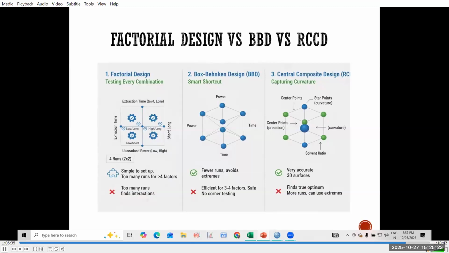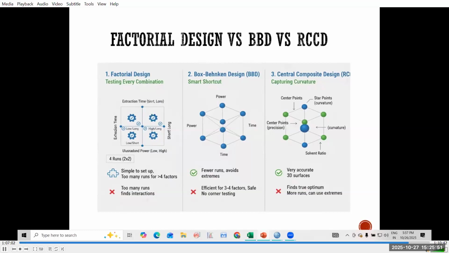So here it will be a 2x2 factorial design with 4 possible experiments, as it can be shown here. The power and time will be combined as lower short, lower long, higher short, or higher long. There are 4 different combinations we have to study for the maximization of the protein yield.